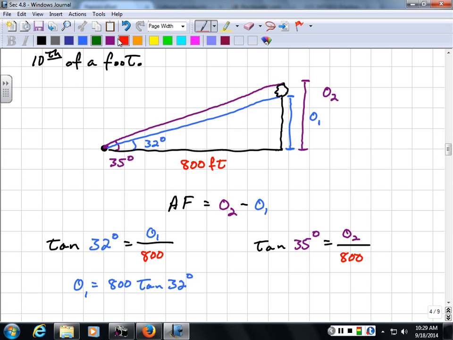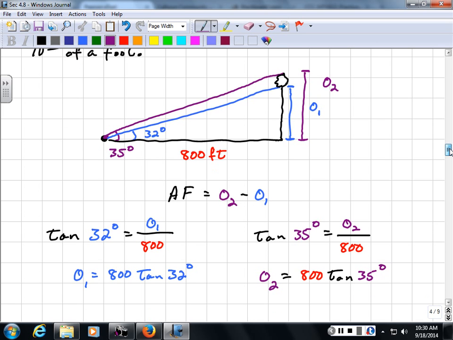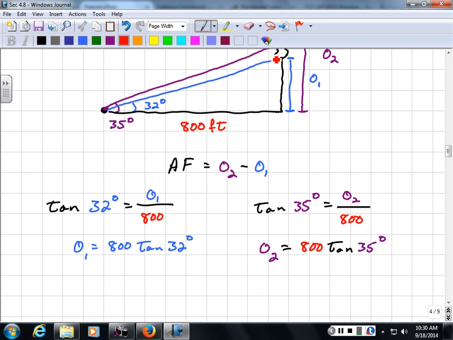And therefore, O sub 2 will be equal to 800 times the tangent of 35 degrees.